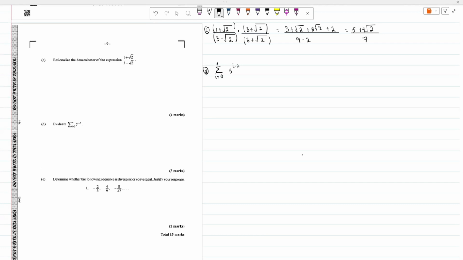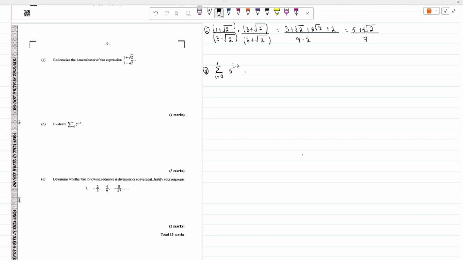Now, this is called sigma notation. Sigma means summation. So the underneath number tells me where I am starting, the top number tells me where I am ending. So I will take values 0, 1, 2, 3, and 4, and I have to add up those values.